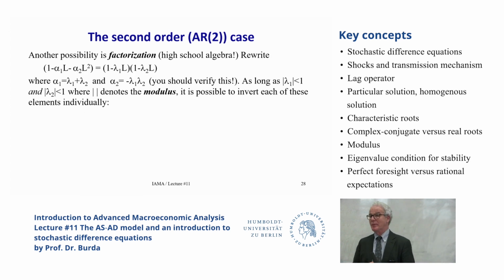We can do better. We can factorize it. The first term is a polynomial in the lag operator. We can write it as the product of 1 minus lambda 1 times L and 1 minus lambda 2 times L. And lambda 1 and lambda 2 are defined such that lambda 1 plus lambda 2 equals alpha 1, and minus lambda 1 lambda 2 is equal to alpha 2.